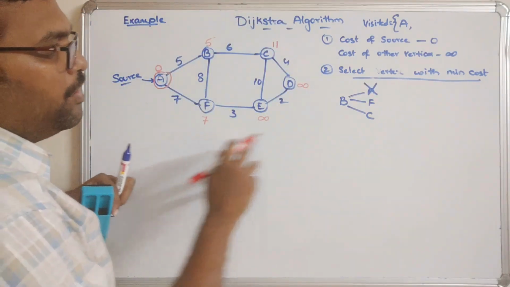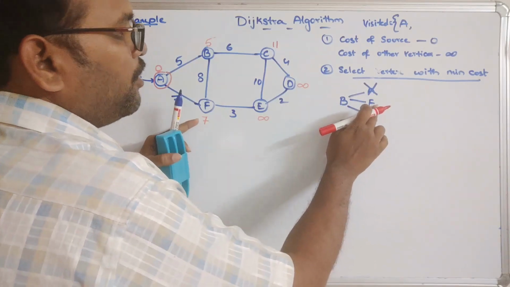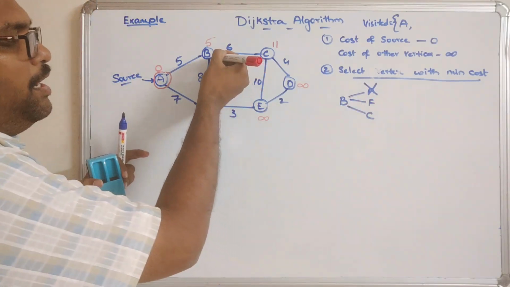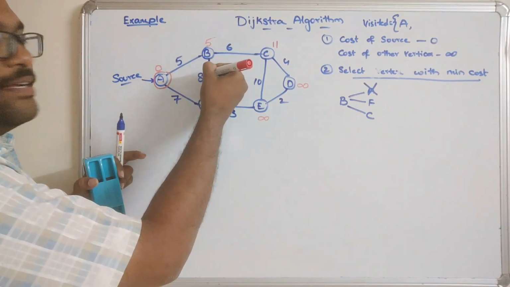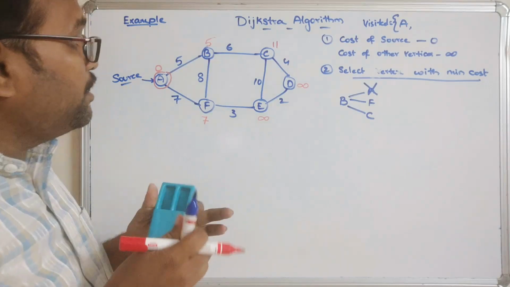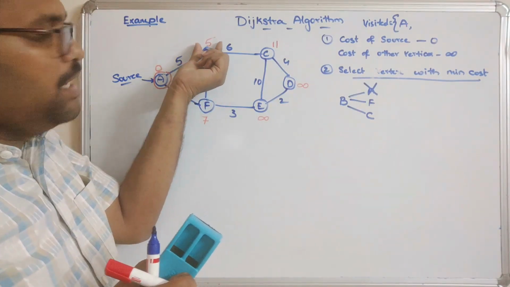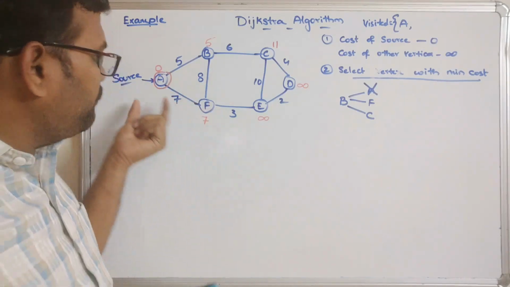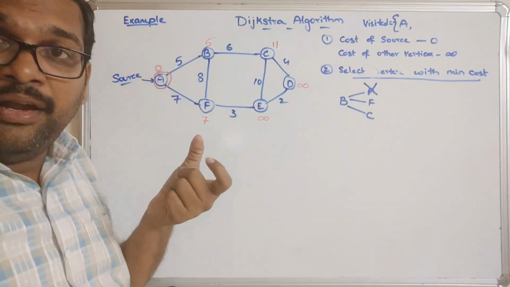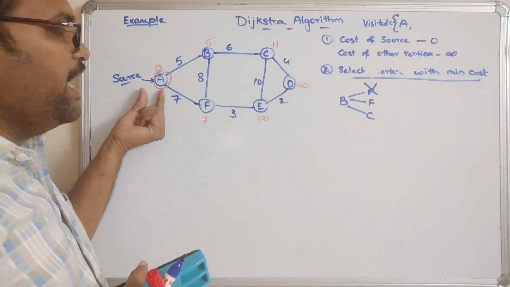Now we need to find out F. From B to F it will be 5 plus 8. Don't forget to count the actual cost plus the weight, because the source is fixed. That means we are finding the path from A itself.